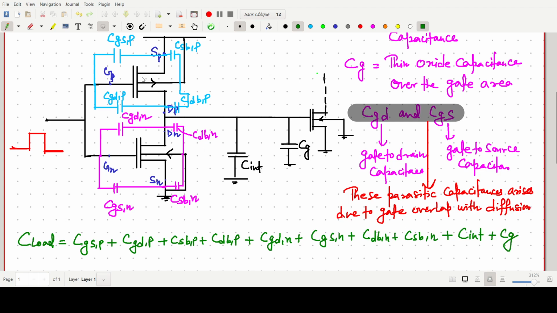Okay, all 10 capacitors, 1, 2, 3, 4, 5, 6, 7, 8, 9, 10, all 10 capacitances.